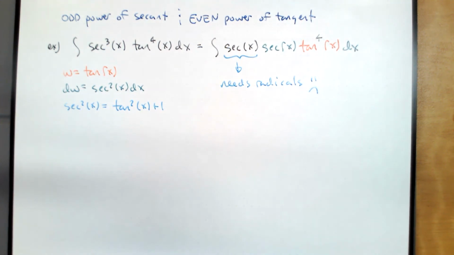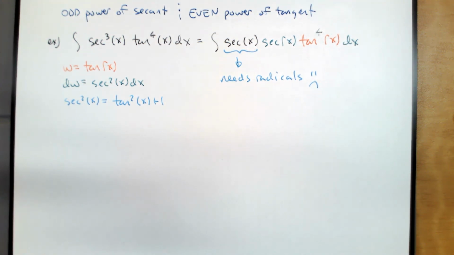But I won't be able to get those secants and tangents without radicals. And that's what we're trying to avoid. This does not mean that it's impossible. It just means that it's kind of inconvenient.